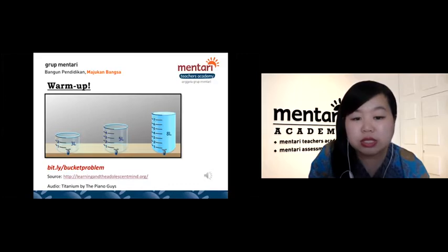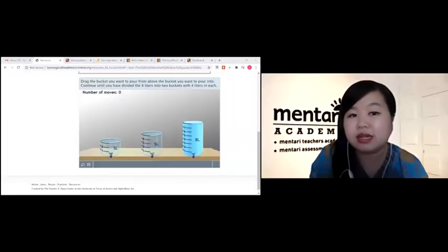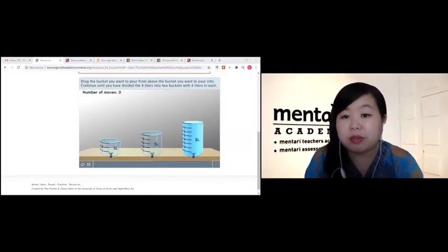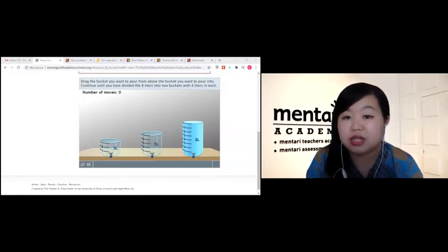Let me go to a different screen and share with you. This is called the bucket problem. What you will do is, it's like a puzzle. It says here, drag the bucket you want to pour from above the bucket you want to pour into. Continue until you have divided the 8 liters into 2 buckets with 4 liters in each.